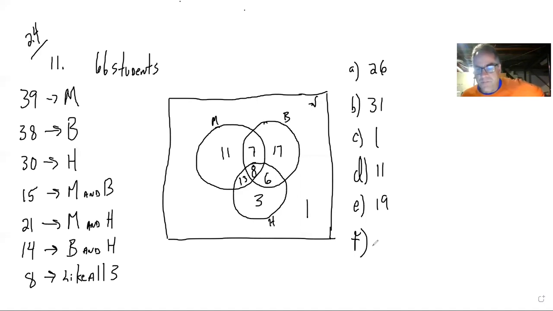All right. So the last question. How many of these students like no more than 2 of these composers? Like no more than 2 of these composers. All right. So let's see.